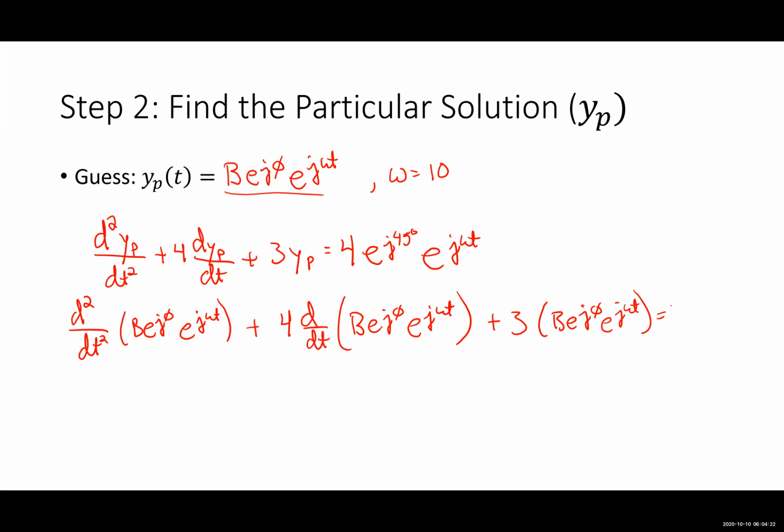That's equal to 4 e to the j 45 degrees times e to the j omega t. So I've got an e to the j omega t everywhere, okay?